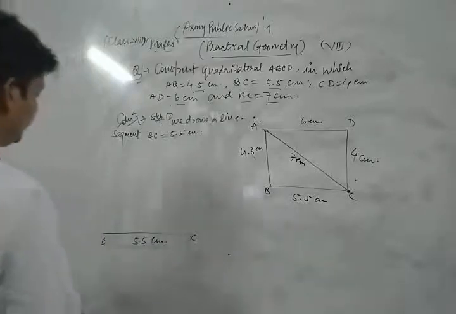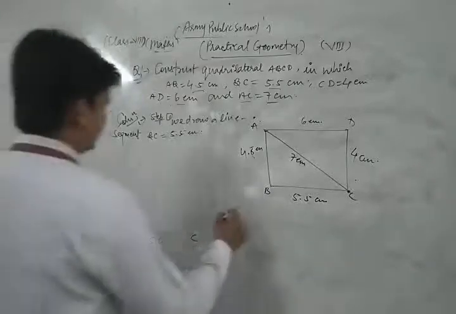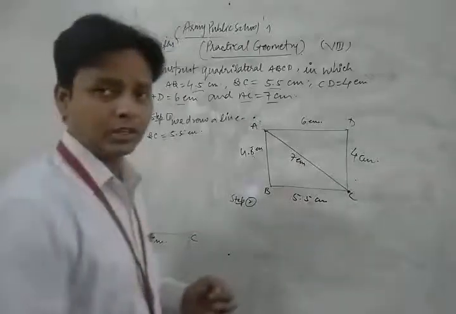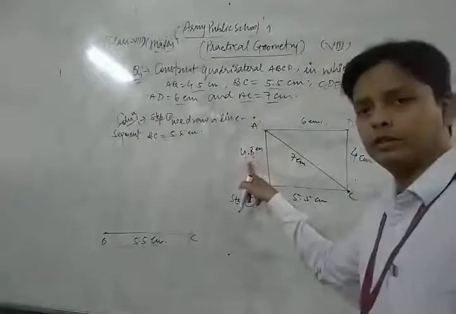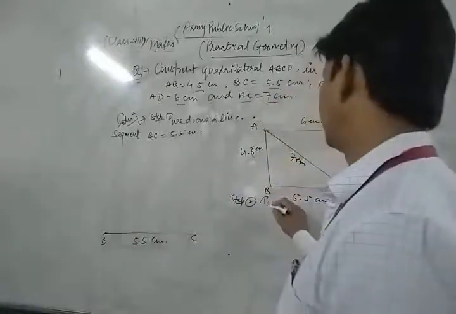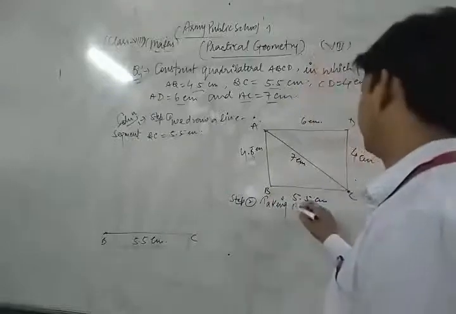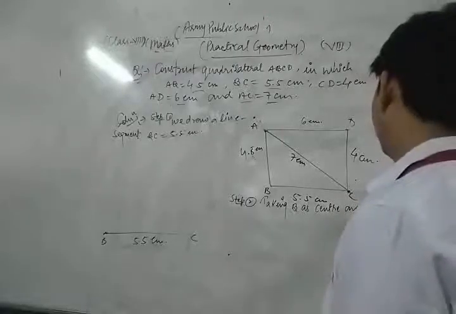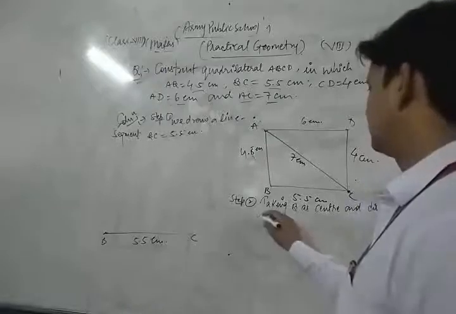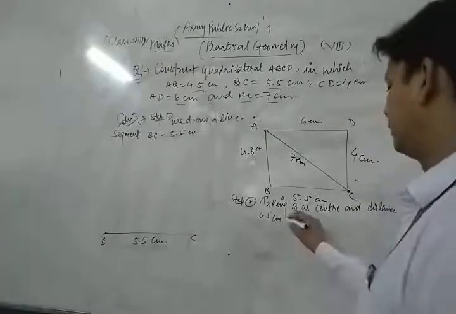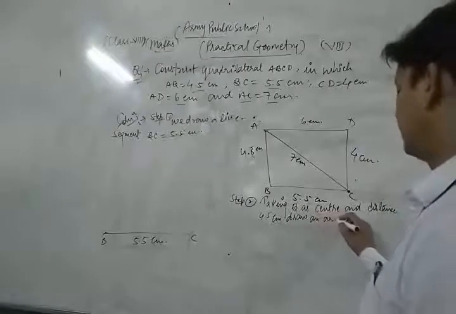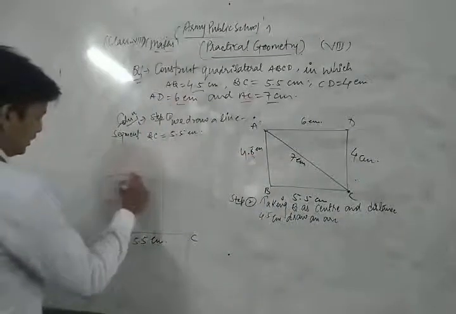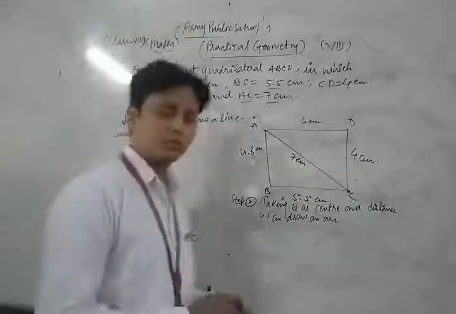Now, in step 2, taking B as center and distance equal to 4.5 centimeter, draw an arc in this way.